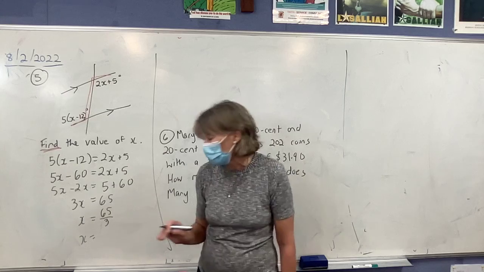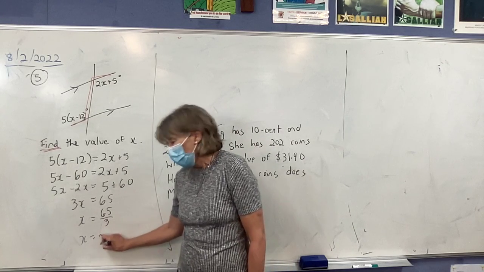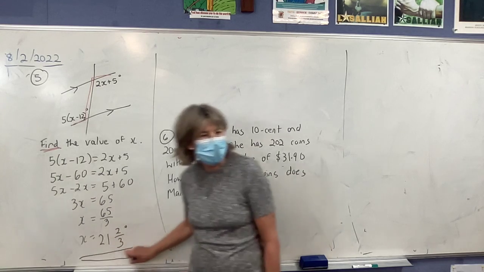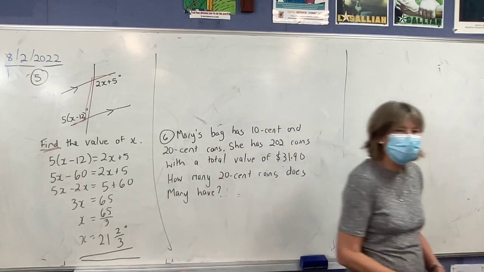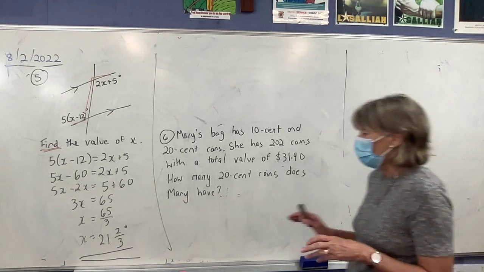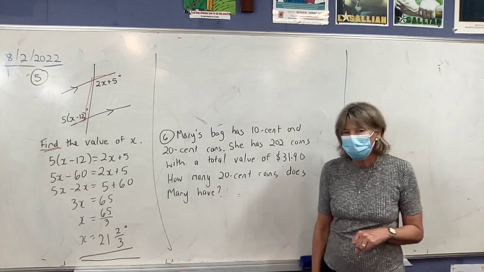Have you done that? And then the mixed numeral is 21 and 2/3, and we're going to write degrees on it because we are talking about an angle here. So in that case, you won't leave it as an improper fraction. If it doesn't make sense with an improper fraction, take it to the mixed numeral. Any questions? Okay.